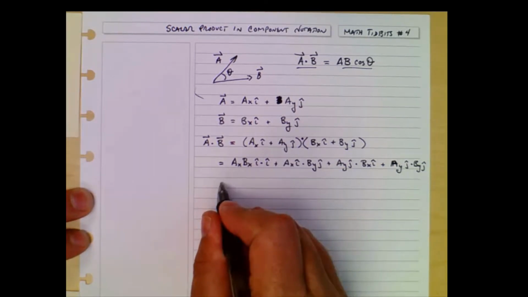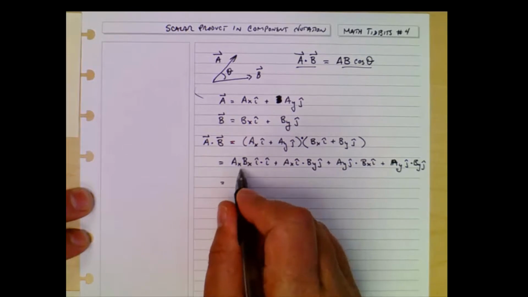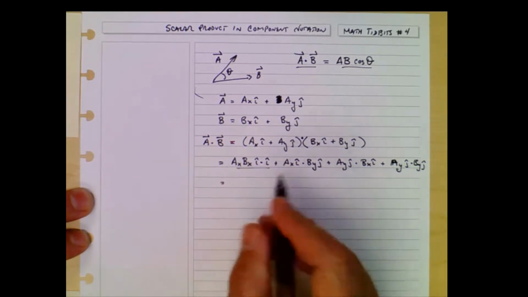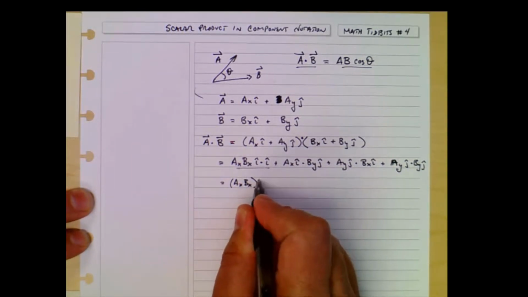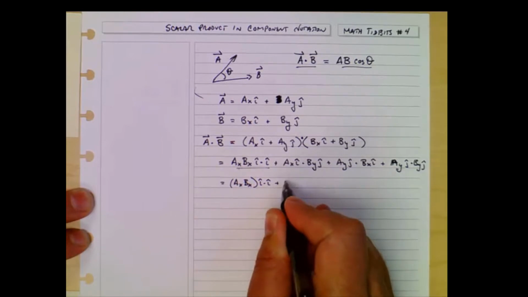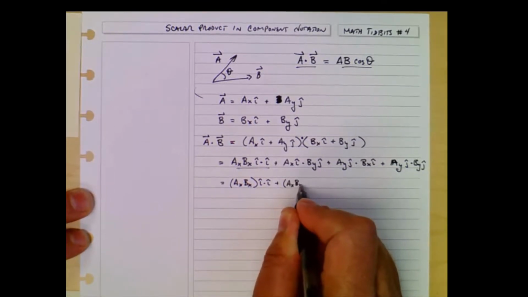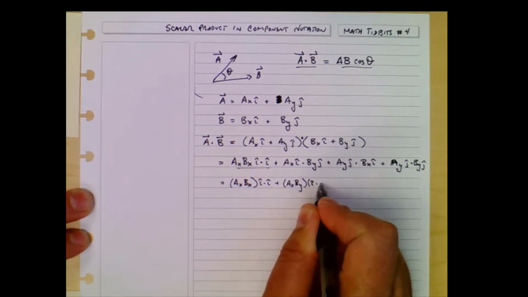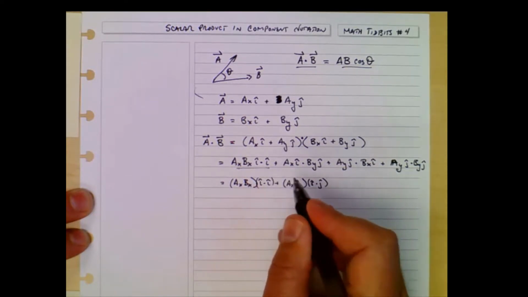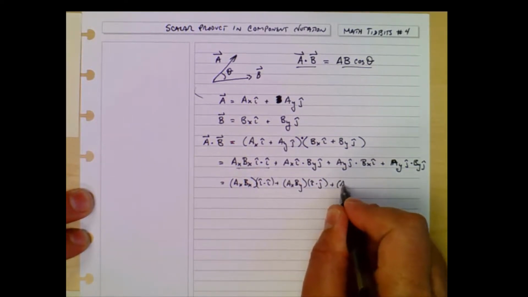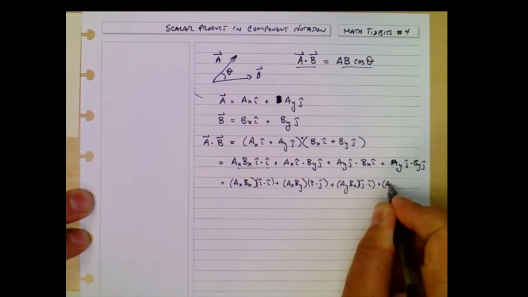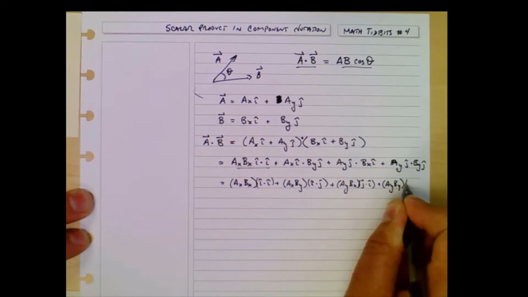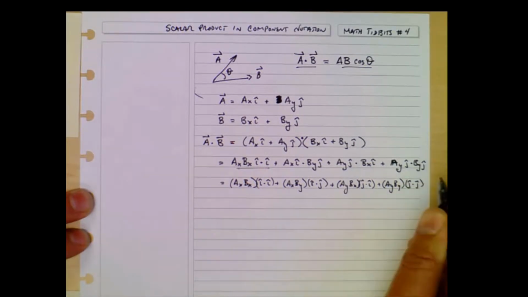Let's take all of the scalar stuff out front. So I'm just going to do with all the other three terms what I did with this one. So I've got ax bx i hat dot i hat plus ax by i hat dot j hat plus A sub y B sub x j hat dot i hat plus A sub y B sub y j hat dot j hat.